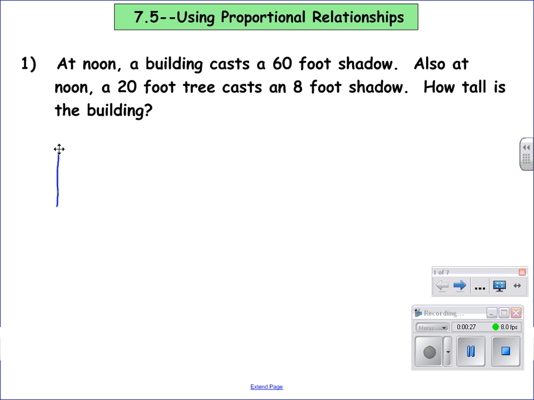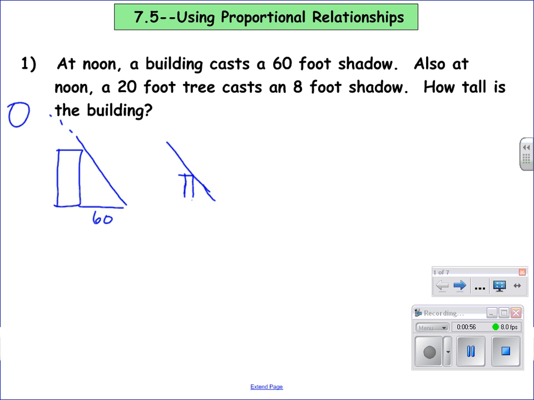So a building casts a shadow of 60 feet. Let's say the sun is over here, and a ray comes down. The shadow is 60 feet. Then I know over here, the tree, this little tree guy, must have the same sun coming down at the same angle.